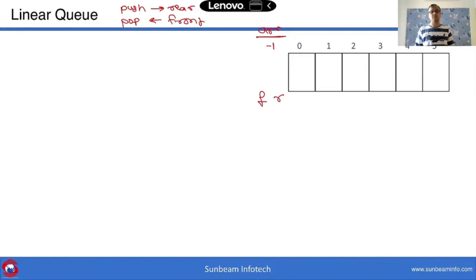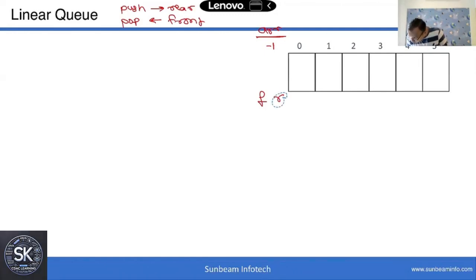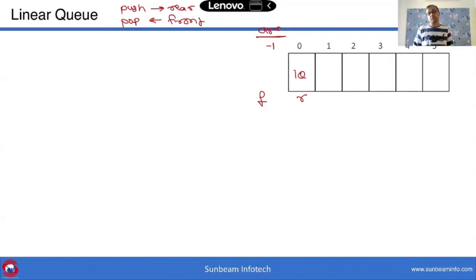You want to add an element; addition is always done from the rear end. How do you add it? You go ahead, increment rear, and you can add an element there. You want to add one more element, you again say rear plus plus and add an element there. And one more, rear plus plus, and add an element there.